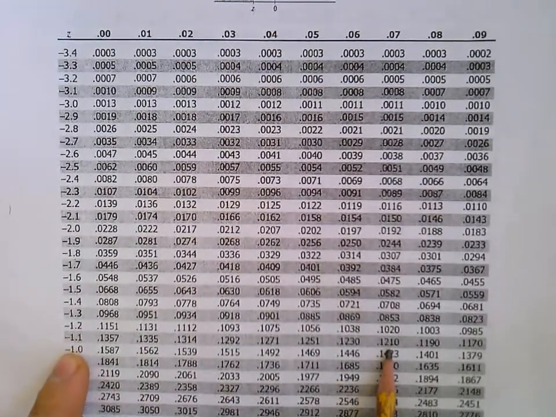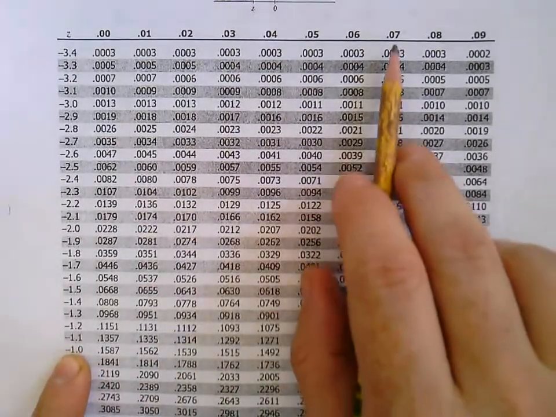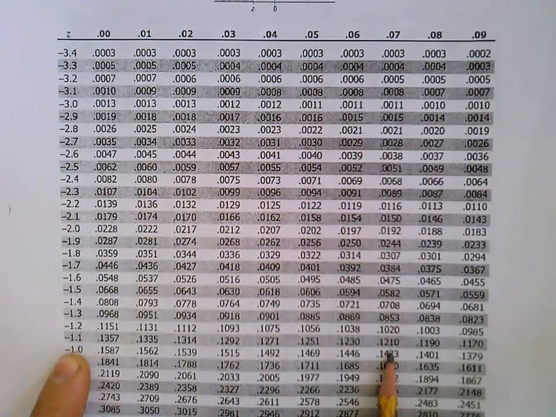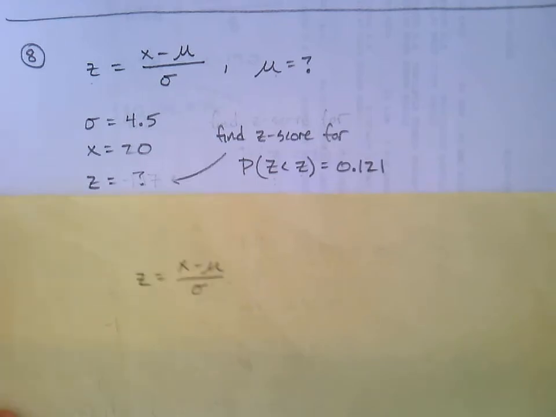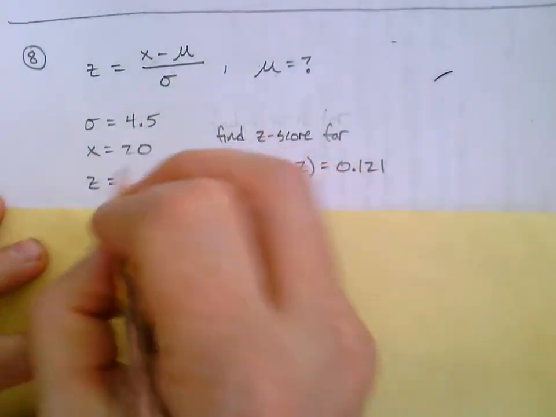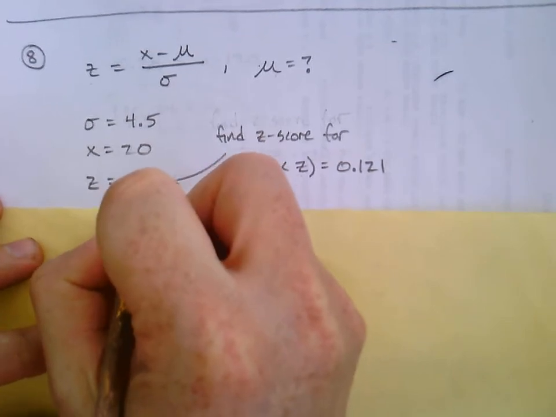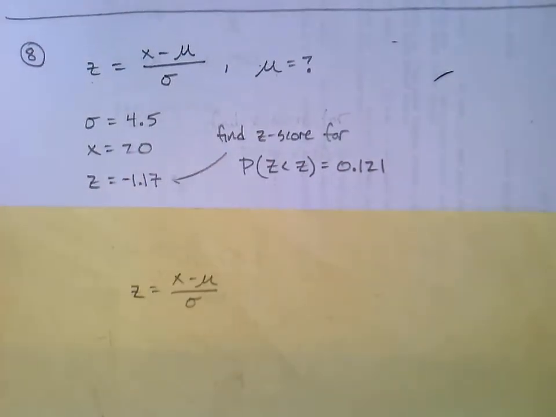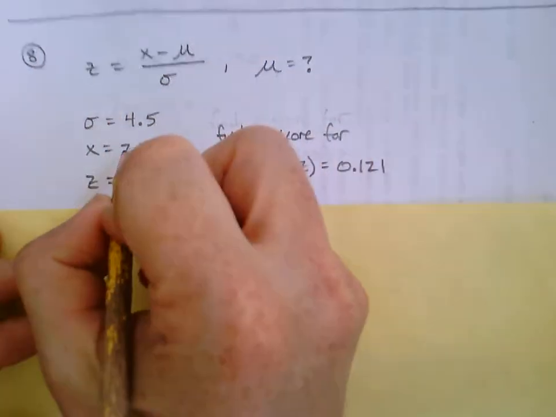They came from negative 1.17. Negative 1.17 if we work backwards. So we just figured out the z-score that fits the rest of our data.